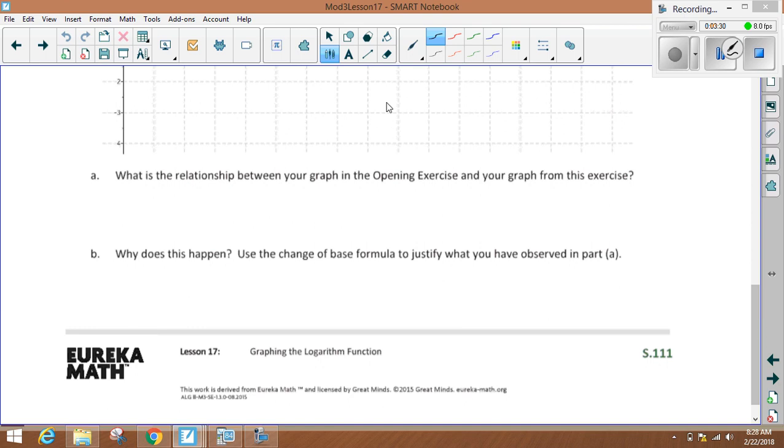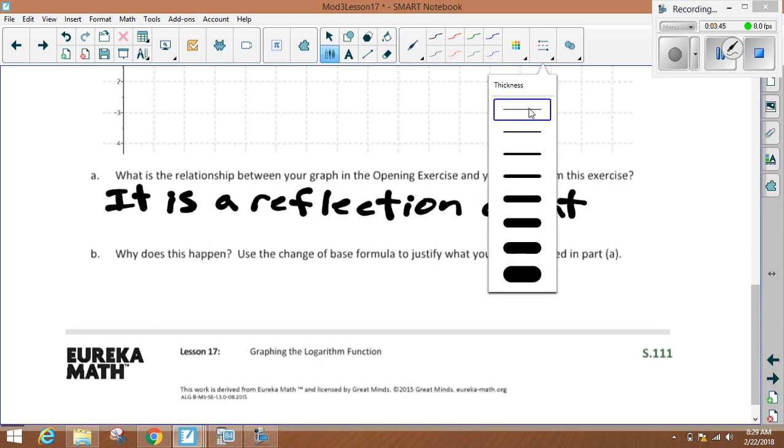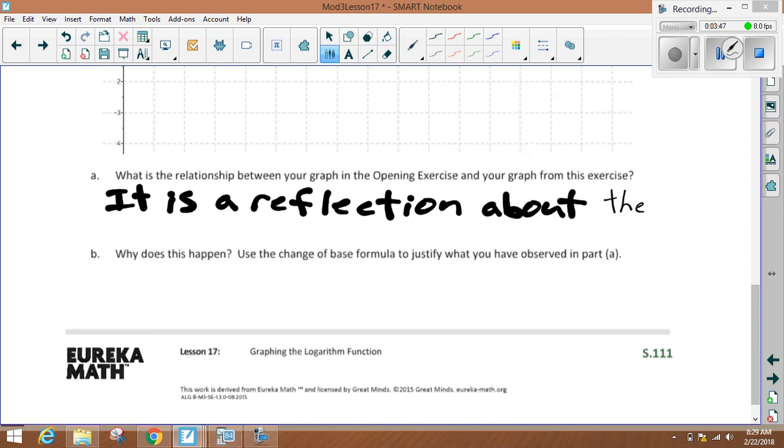So you could say the x-axis, but even better, let's say the line y equals 0.